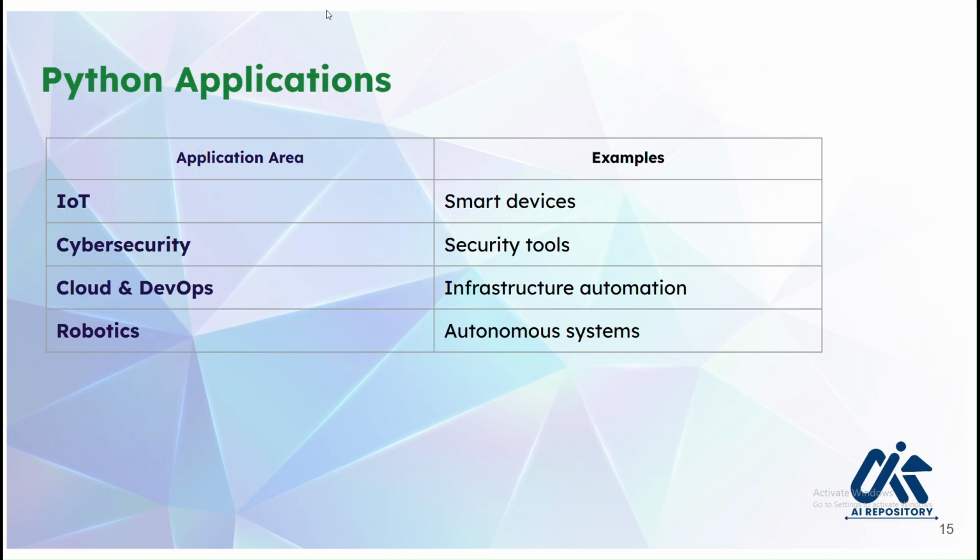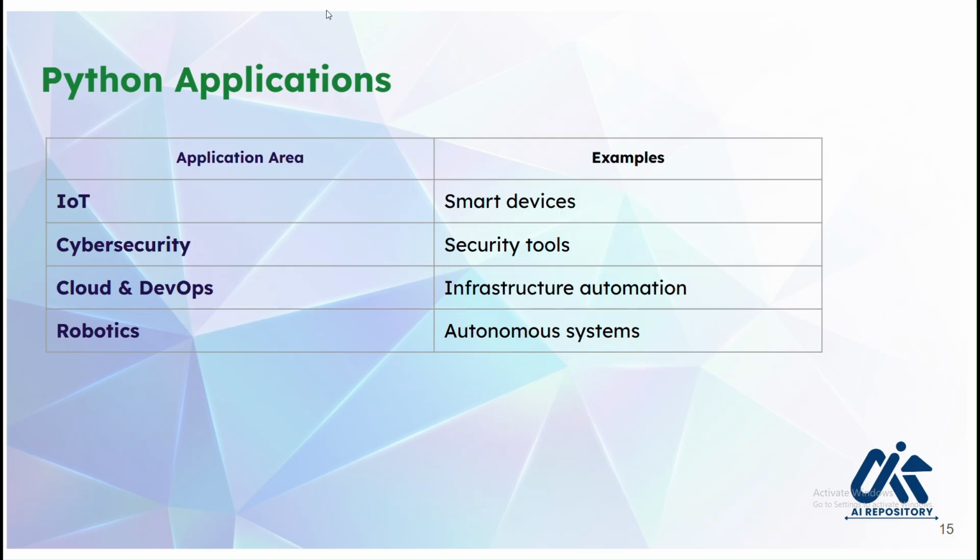Game development can be done using Python. Internet of Things, smart devices you can build using Python. Cybersecurity tools can be implemented using Python. Cloud and DevOps can be done. People want to migrate their entire storage to the cloud. Maintaining the storage and other services on the cloud, there you can use Python.